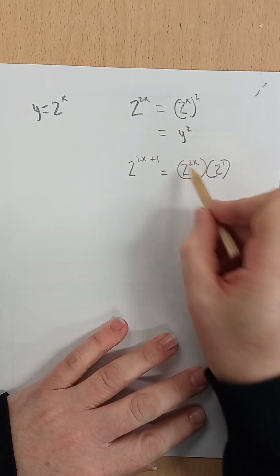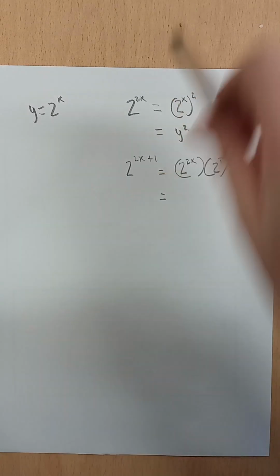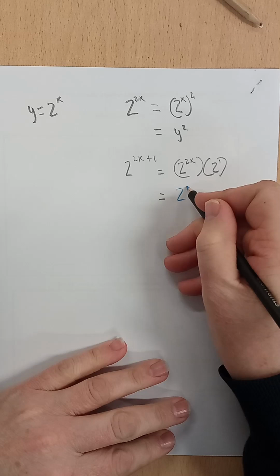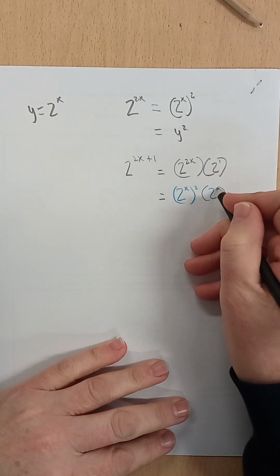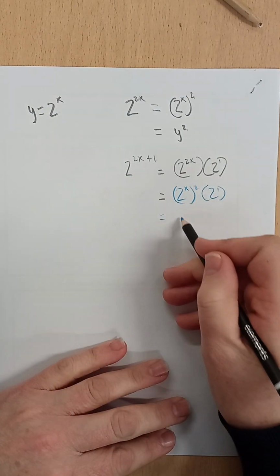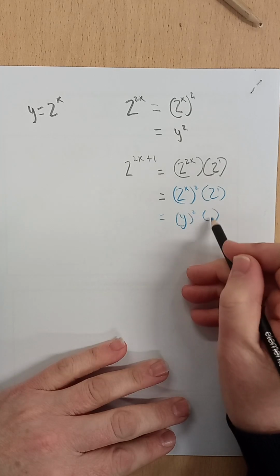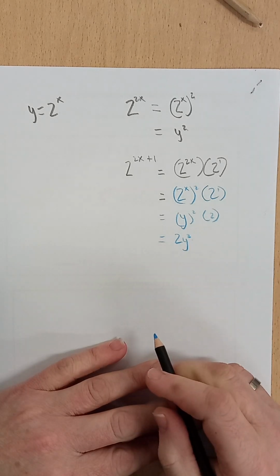Now we know that this used to be 2 to the power of x, squared, times 2 to the power of 1. So now I can substitute in my y value. That's equal to y squared multiplied by 2, or 2y squared.